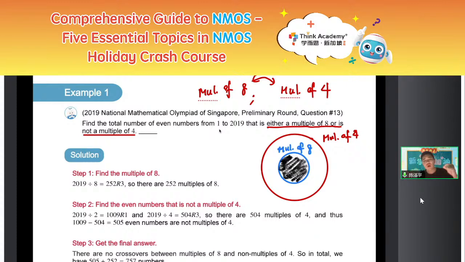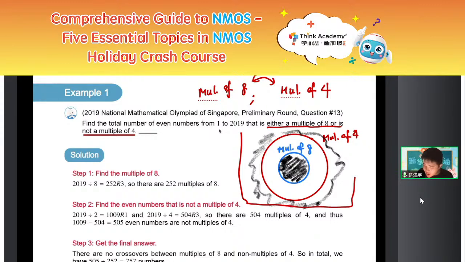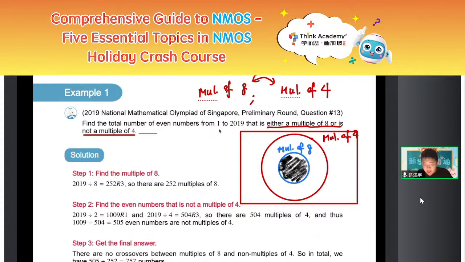So if it's not a multiple of 4, it will be the numbers outside the red circle. I can draw another bigger box indicating all the 2019 numbers, and the number we're looking for is either inside the middle one or outside the bigger circle.